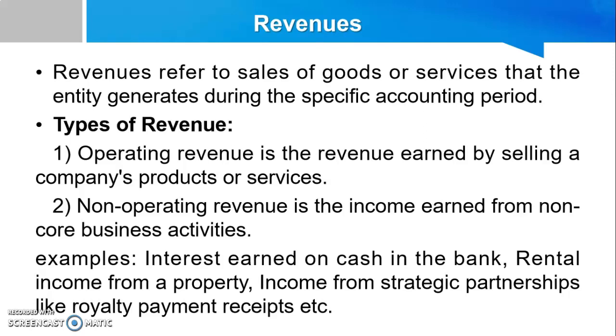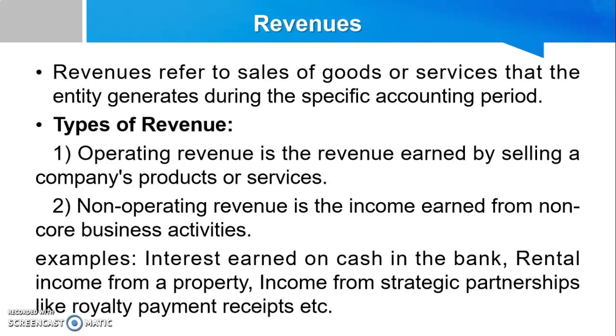You may see the different lines of revenue that the entity is generating, which helps users understand which lines of revenue are significant, increasing, or declining. In double entry accounting, revenues increase on credit and decrease on debit.